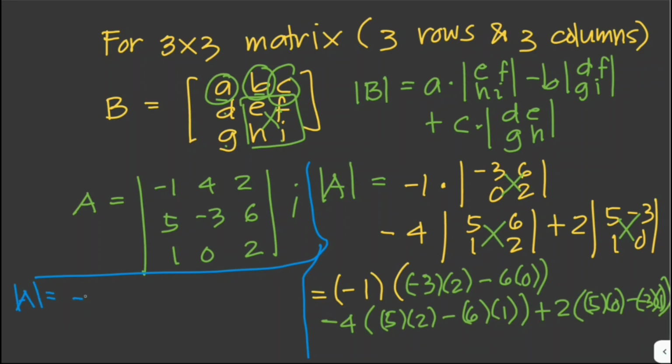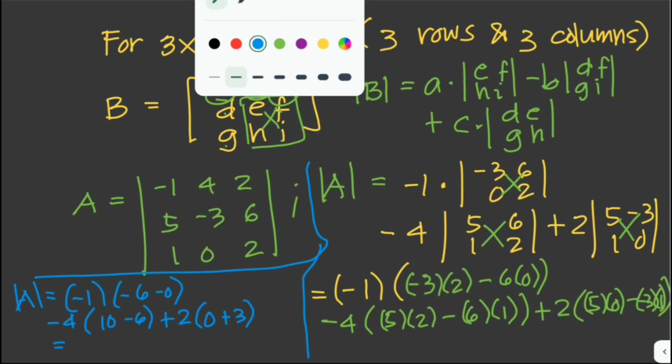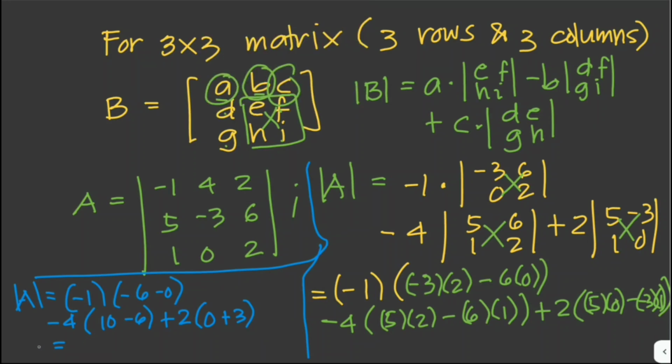Then this would become -1 times -3 times 2 is -6 minus 0. Then -4 times 10 minus 6, plus 2 times 0 minus -3, or 0 plus 3. Then we simplify. This is just -1 times -6, which gives us +6.